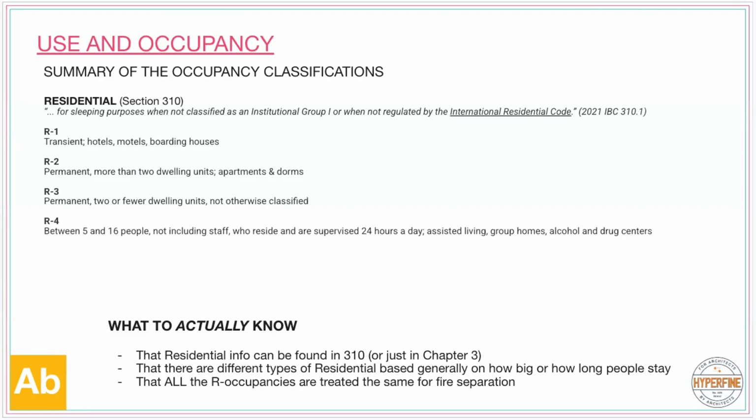So what is the real difference between R2 and R3 then? One, I guess, is apartments or dorms. So then 3 might be the condo scenario though, because it's neither an apartment or dorm.